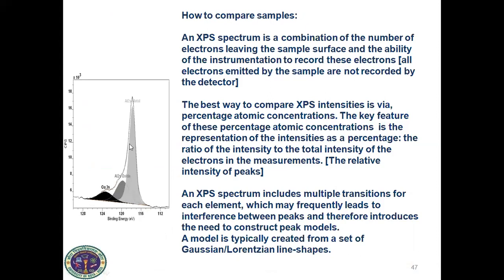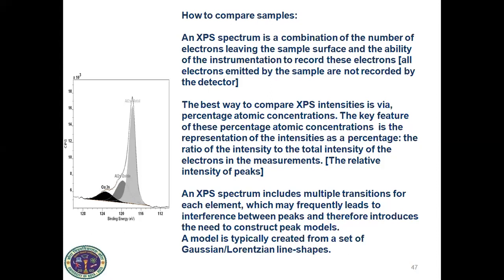These peaks appear as a single peak in the XPS spectrum, and we have to deconvolute the Gaussian or Lorentzian components in these peaks to separate out various ratios. That's why an XPS spectrum is a combination of the number of electrons leaving the sample surface and the ability of the instrumentation to record these electrons. Here you can see that all these three peaks appear at slightly similar binding energy, so we have to separate them.